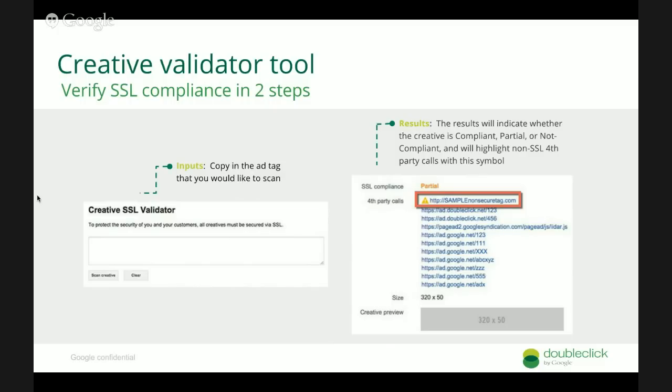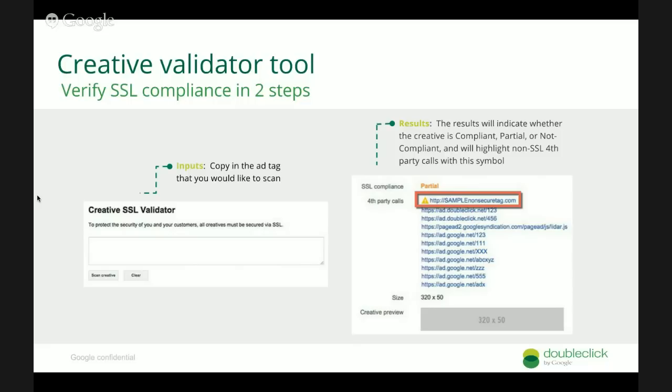Oftentimes folks have fourth-party calls within their creatives that may or may not be SSL compliant, and it's difficult to determine what those calls are and which ones are not compliant. And so one of the things that we're doing is allowing you to see all of the fourth-party calls in your creative along with an indicator of whether it's SSL compliant or not.